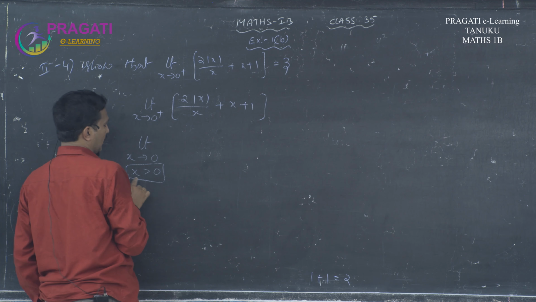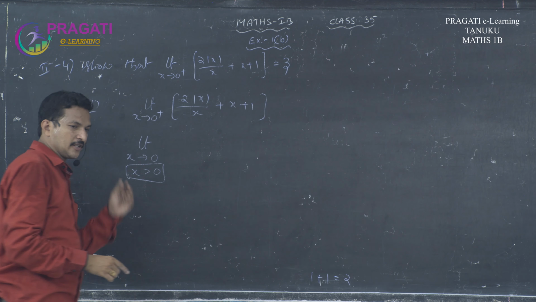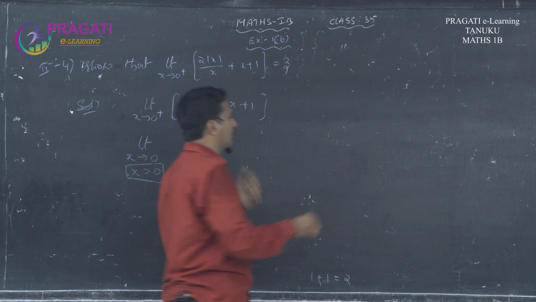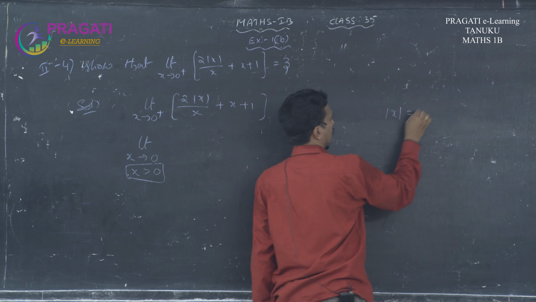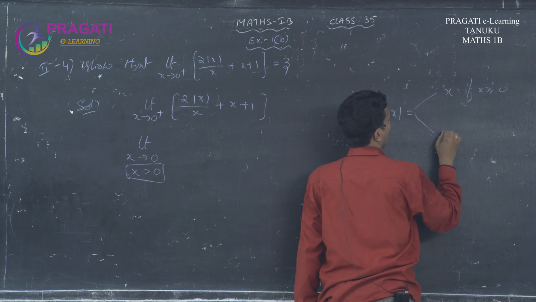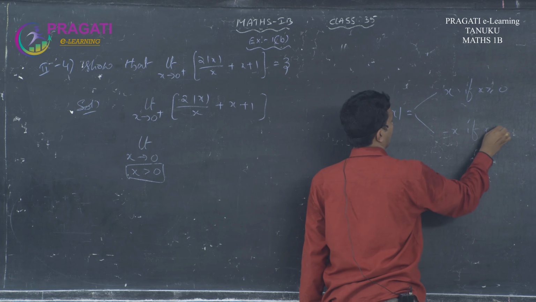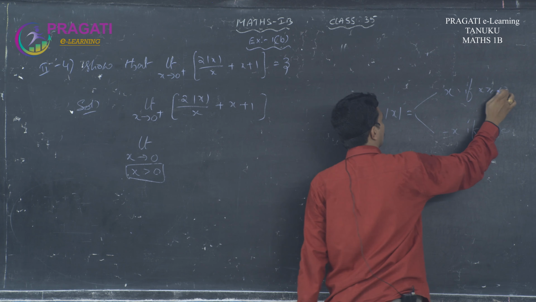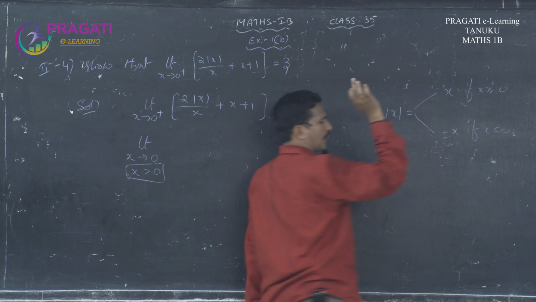Here x is greater than 0, that means x is positive. By the definition of the mod function, there are two cases: mod x is x if x is greater than or equal to 0, and minus x if x is less than 0. Since x is greater than 0, mod x can be written as x.